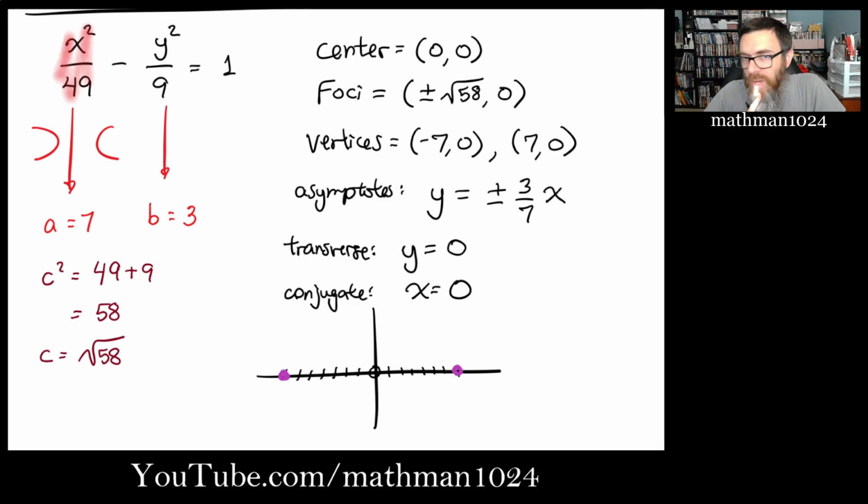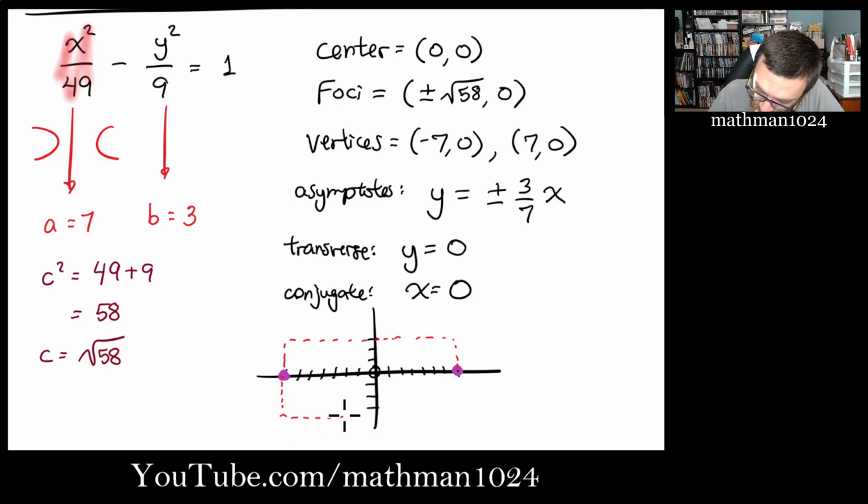So underneath the y, you see 9, which means b is 3. So go up 1, 2, 3, and go down 1, 2, 3. Now, if this were an ellipse, we would put points here at the top and at the bottom, and you would draw that stretched out circle. But we're not going to do that here. Instead, we're going to use that as a bit of a boundary, and we're going to draw this little rectangle.